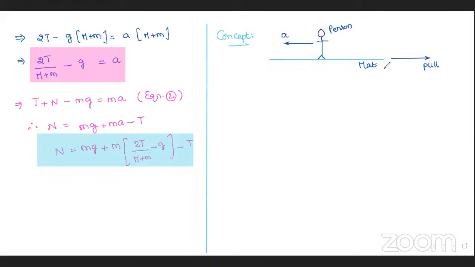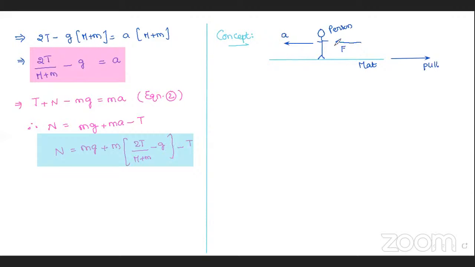Now the thing is, according to Newton, unless you apply a force on a person or an object, the object should not get any acceleration. But actually, you did not push this person backwards.